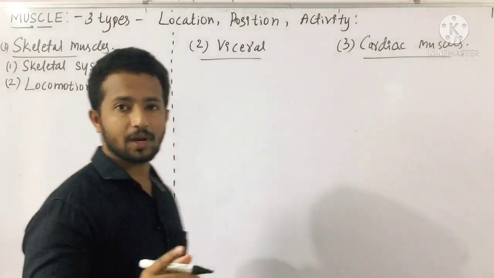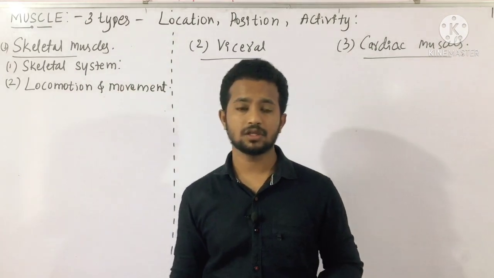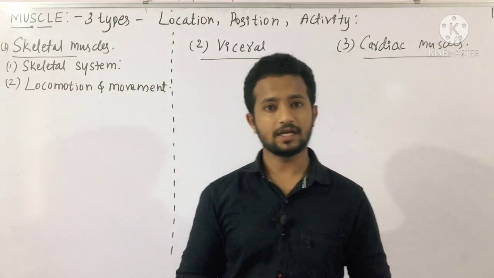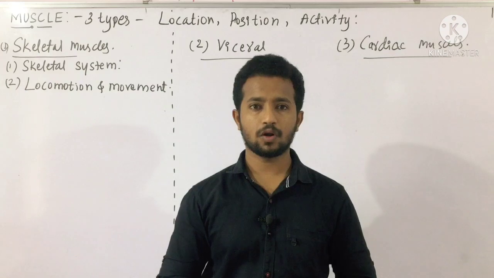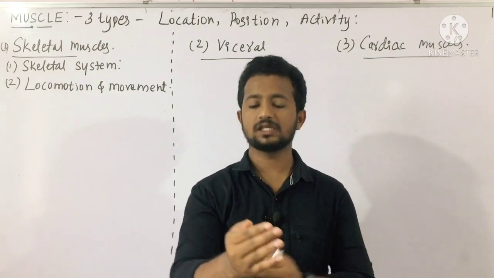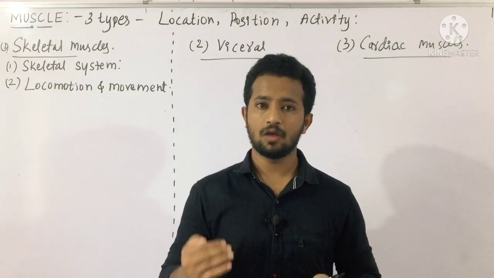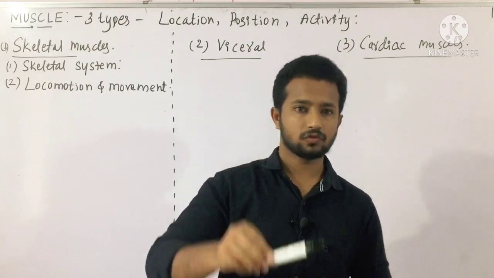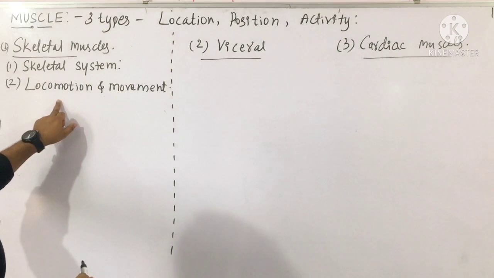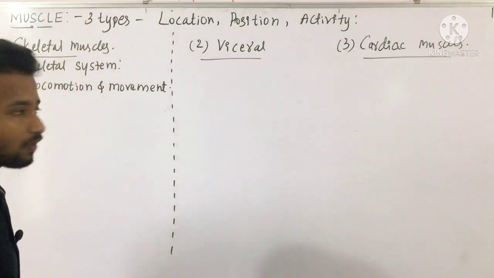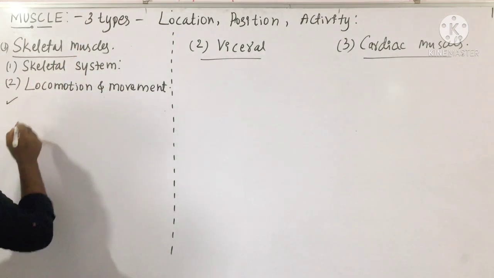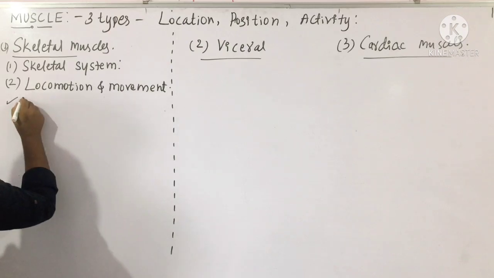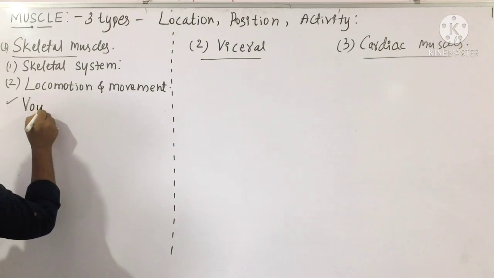Locomotion and movement is the primary function of the skeletal muscles, because with them we can move our body. I can move my hand because it is in my control, under the control of my nervous system. If I want to take this pen, I can take it. So locomotion and movement are under the control of our will, and these skeletal muscles are also called voluntary muscles.